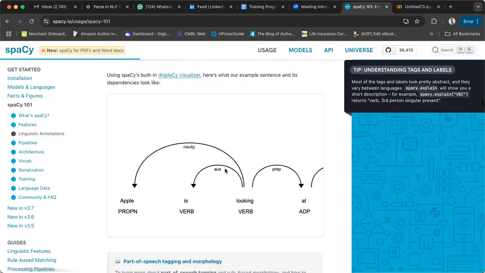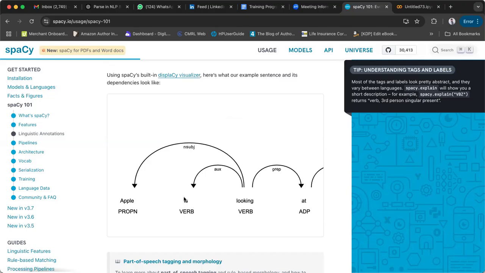So if you see this visualization, Apple is directly connecting with looking, and this is the verb. The word is is not a mandatory task when it comes to NLP, especially when it comes to spaCy, because if it considers it, it would be a confusing or cumbersome process while tokenizing.